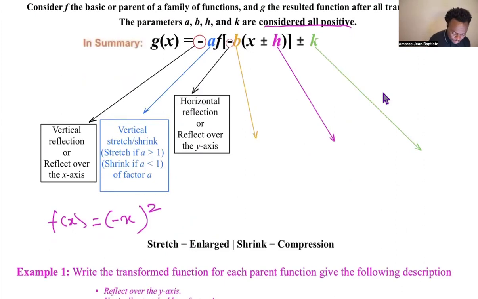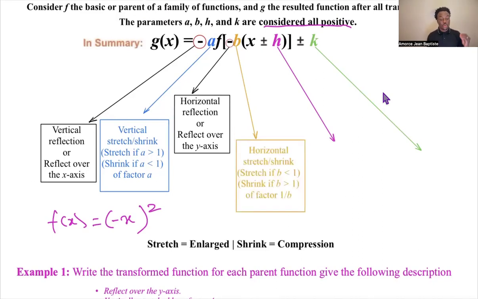And how about B? What is the role of B in terms of transformation? B is a horizontal stretch or a horizontal shrink, but it reverses the roles. Remember, for the vertical stretch, the A value should be greater than 1, but for a horizontal stretch, B must be smaller than 1.